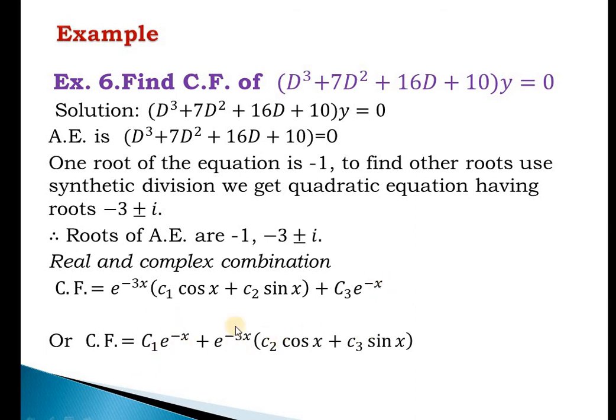So anyway you can write the solution. No problem, the numbers may vary here and there. Only, how many arbitrary constants are there? That many arbitrary constants are contained in your solution. Okay.